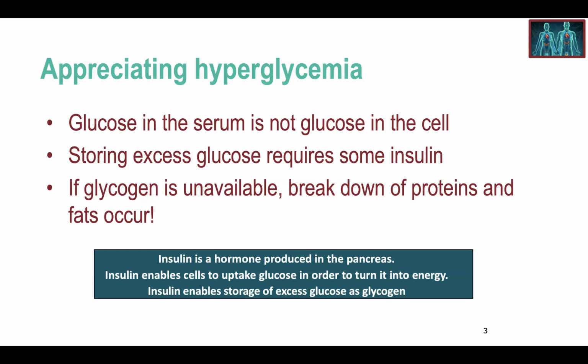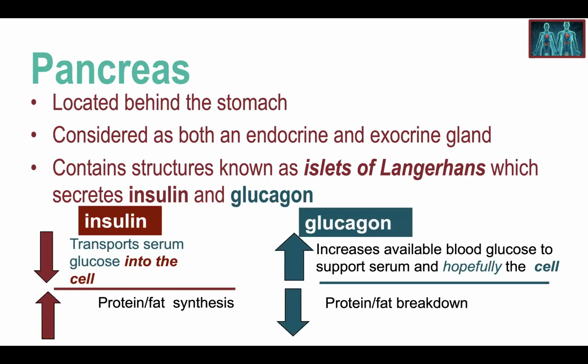All of those are counter-regulatory hormones, but cells that are starving communicate. And if you don't have stored glycogen, that's excess glucose stored as glycogen, you're going to go directly to proteolysis and lipolysis. That's really important to us when we talk about hyperglycemia and we talk about who's really ruling your patients.